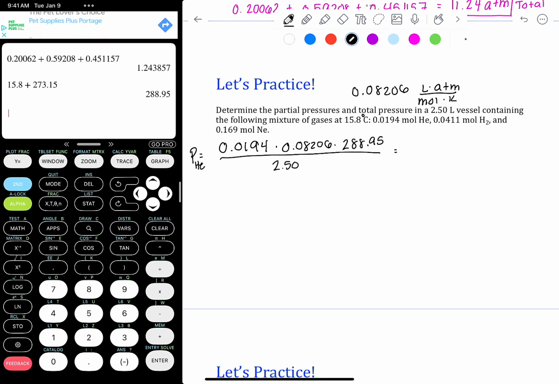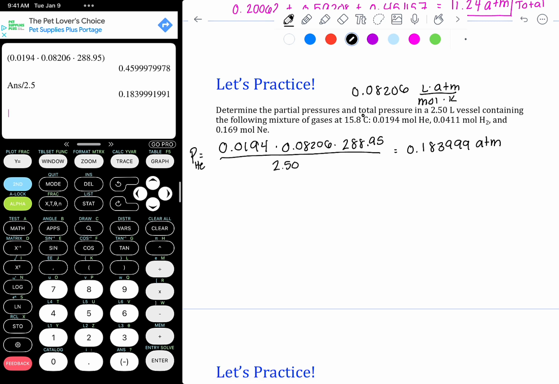So we just plug that in, 0.0194 times 0.08206 times 288.95, and divide that by 2.5. We get 0.183999 ATM there.